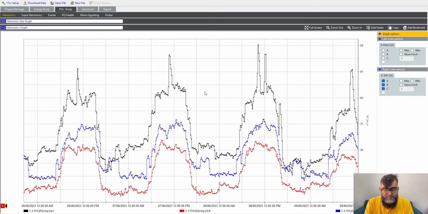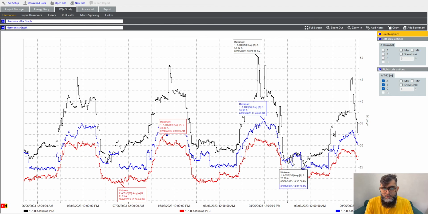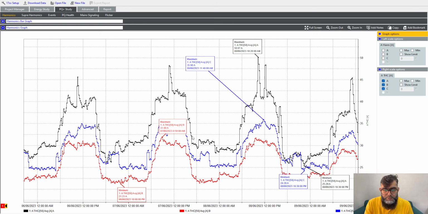So these are the three phases, red, yellow, and blue. Let me find the max and min values over here. So this is what we see. Let me move this, and then move this one over here.